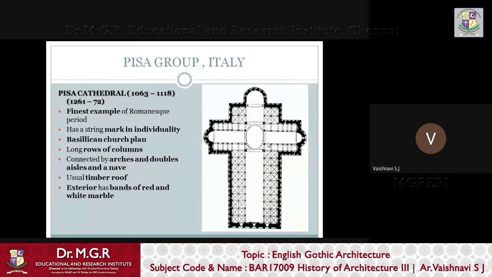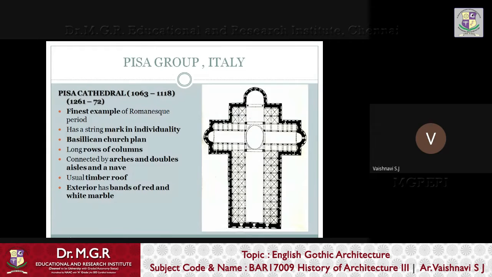It was built from 1063 to 1118, and then I think they renovated it from 1261 to 1272. It had a different kind of individuality, and it followed the same principle as the basilica plan, with long rows of columns.